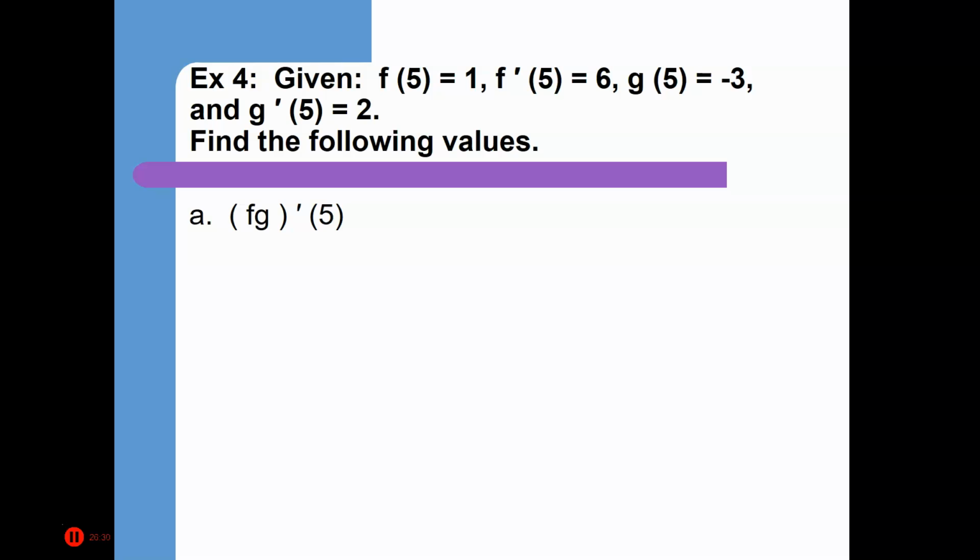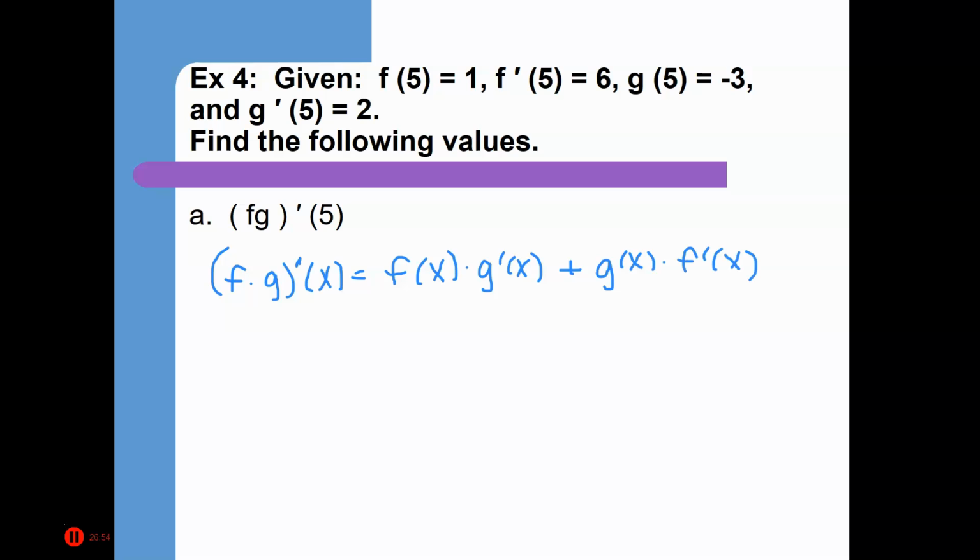If you think about it, and you don't have to write down the first part, but if this was in general, then that's the product rule. It's the first times derivative of the second plus the second times derivative of the first. But now, instead of at x, we're talking about at 5.